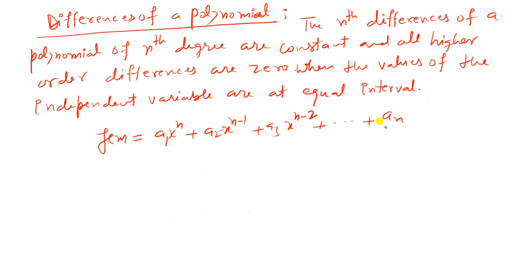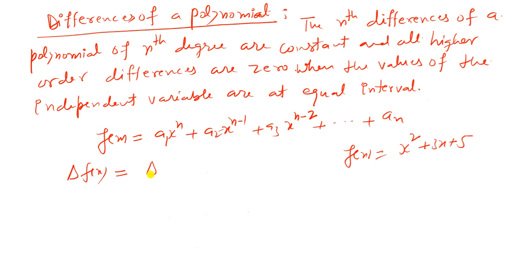And in this way, if we compute the difference of the polynomial f(x), it will be f(x + h) - f(x). Taking a particular example, say f(x) = x^2 + 3x + 5.